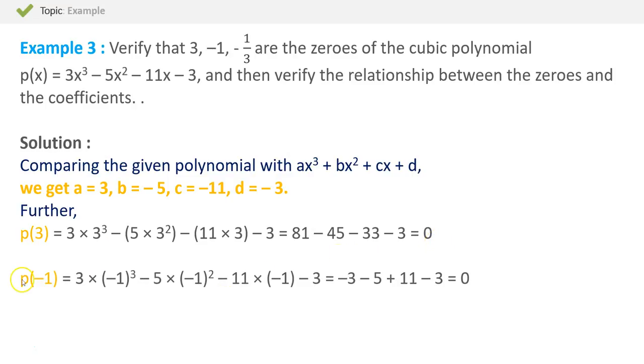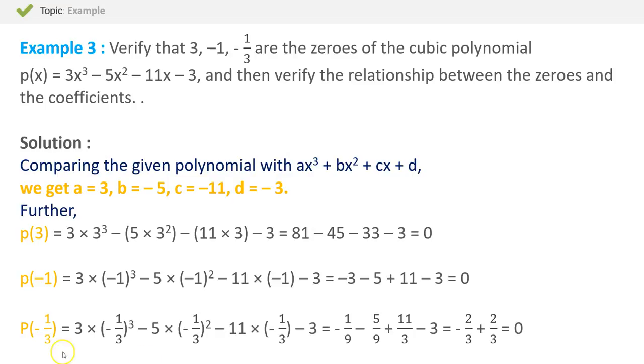Same when I put p(minus 1), after simplification you'll get 0. And when you put p(minus 1 by 3), then also when you put them and simplify it, you get 0. So in all the three cases, 3, minus 1 and minus 1 by 3, they are all representing zeros for this cubic polynomial.